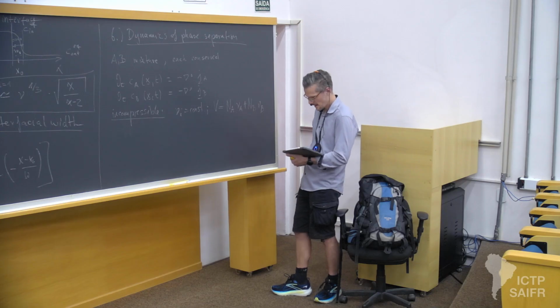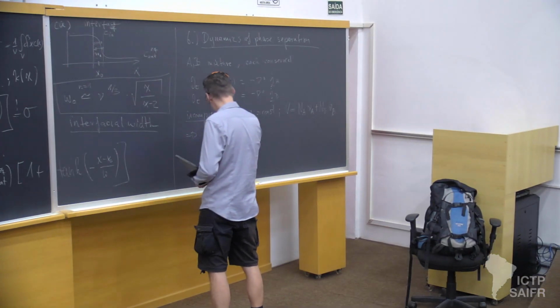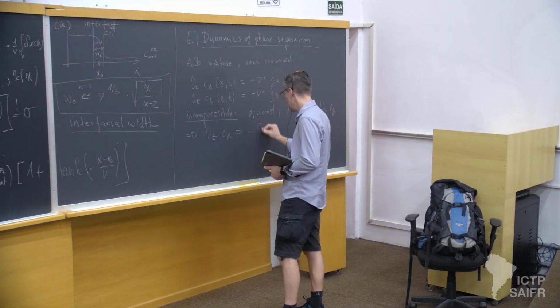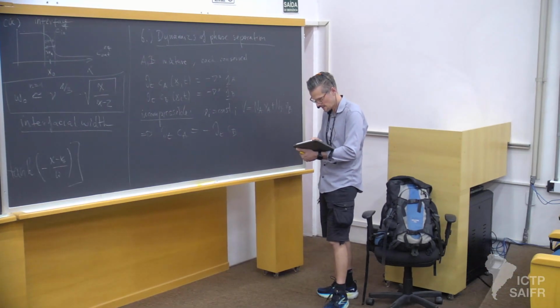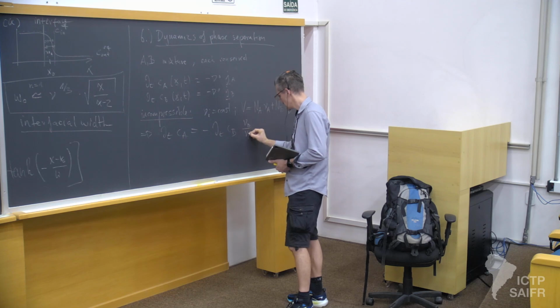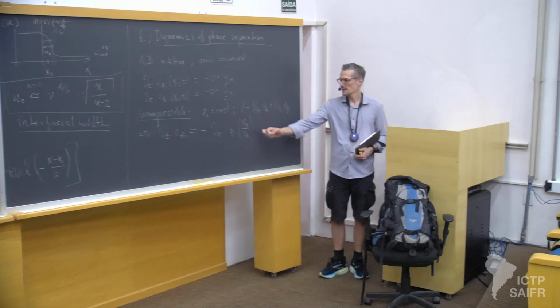This implies right away that when I write this in terms of concentrations, that dtCA is minus dtCB, except, be careful, we have to add here this kind of fraction.